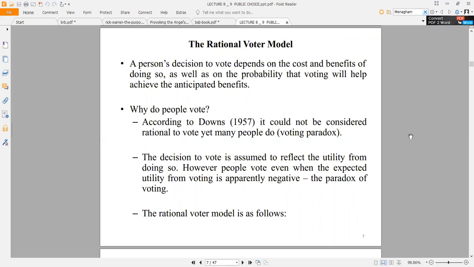So your decision to vote will definitely depend on the cost that you are going to incur as you vote, and the benefit that you expect from what?